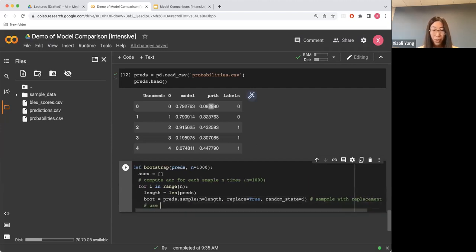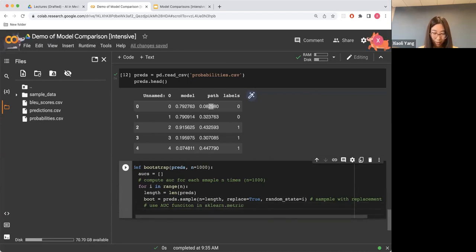And then we want to use the AUC function to compute it. Specifically, we are using scalar metric functions. We will first compute it for the model. We will first figure out the ROC curve for it.